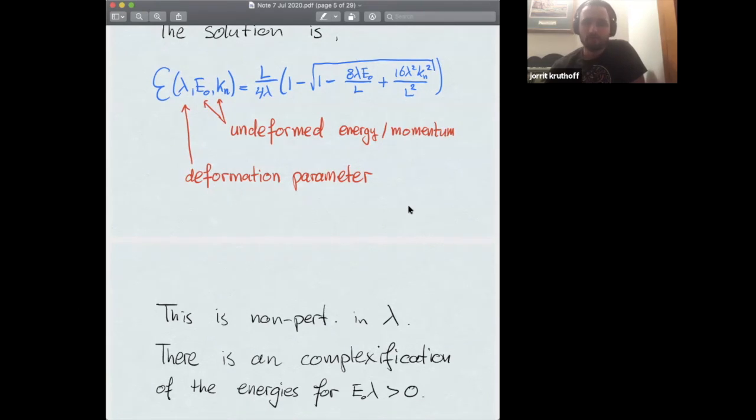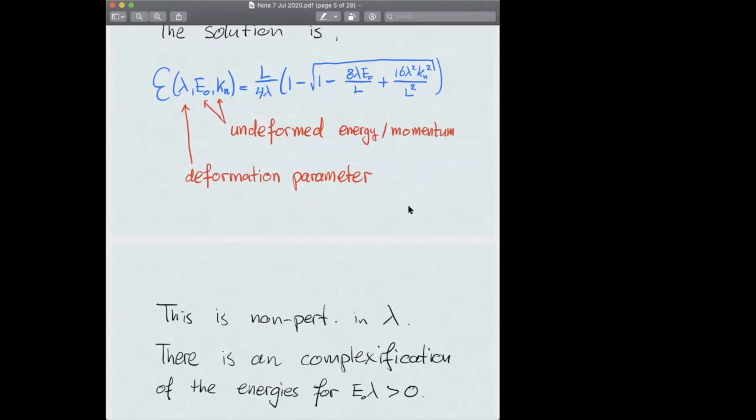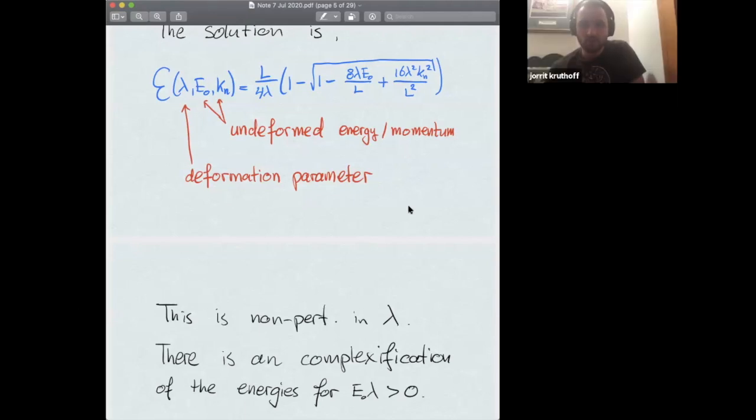Yeah, so that really touches on what this complexification really means. It's of course, in one case, one sign of the coupling, a complexification occurs.